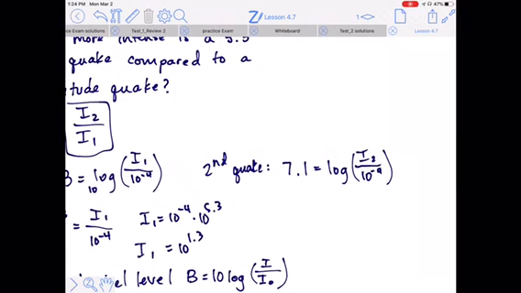For the second quake, do the same thing. I'm going to use a base 10 on both sides. So now I have 10 to the 7.1 equals the intensity of the second quake divided by 10 to the negative 4.